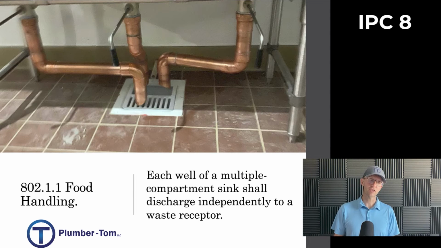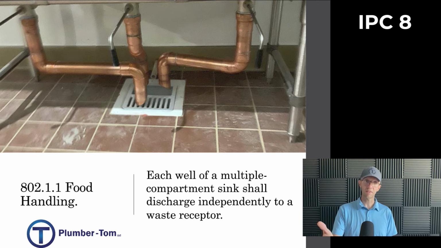Now, in this same section, it talks about food preparation sinks. And there's another requirement in here for any time that this sink is specifically for food preparation. Not dishes, but food preparation. Each well of the multiple compartment sink shall discharge independently to an indirect waste receptor.